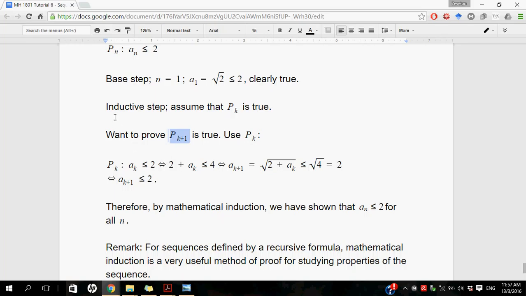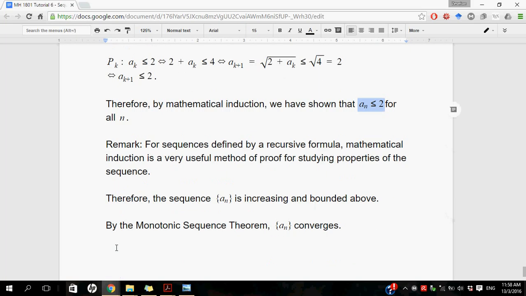So we have completed the proof of the induction step, that if we assume that pk is true, we know that pk plus 1 is also going to be true. Therefore, applying mathematical induction once again, we see that we have shown that the sequence is bounded from above by the value 2 for all values of n.